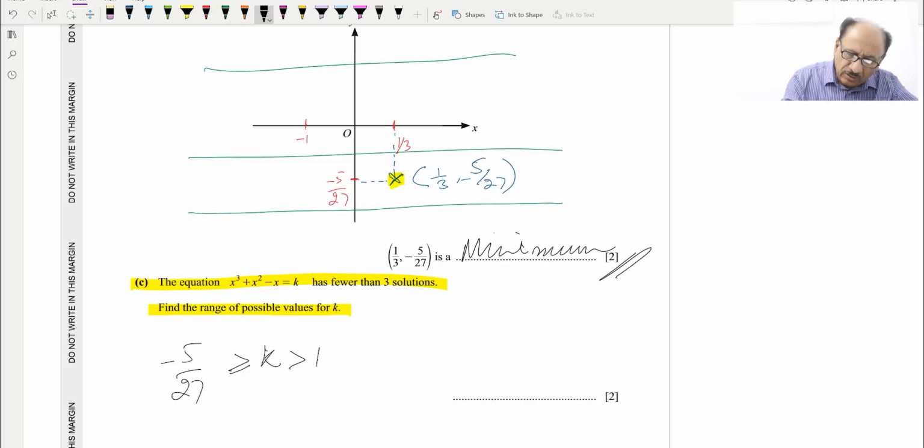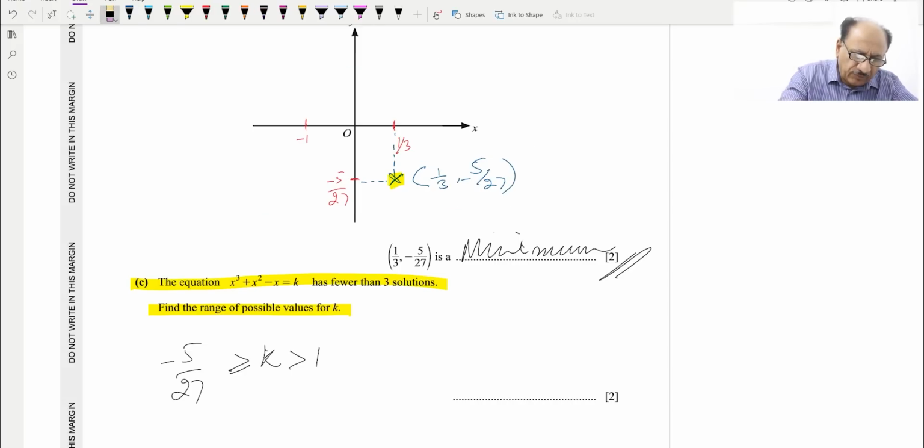If I explain again, if we draw a line lesser than this point over here, it will be intersecting the curve fewer than 3 times.